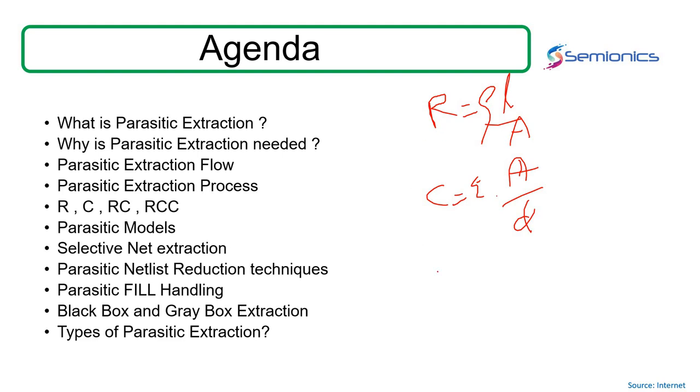To calculate resistance and capacitance, we get the sheet resistance from the design rule manual, and that's how we calculate the resistances and capacitances. These are two very important equations which you may have learned in your engineering, but you still use them in your actual work.